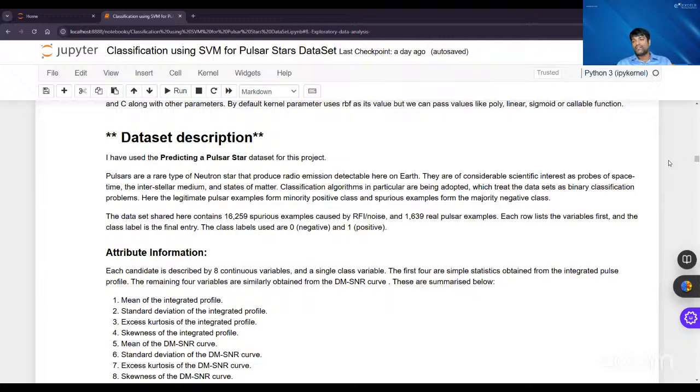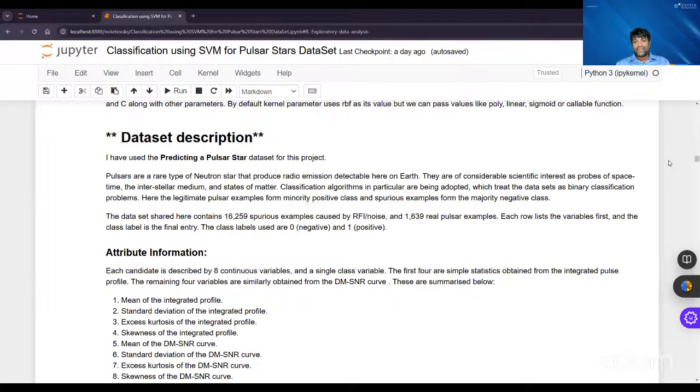Why we are using this data set is that this is one of the rarest types of star available, and it is also a kind of star which gives you radio emission. And it is actually related to Earth as well. So this is used in the scientific fields as well, right? This is basically an interstellar space-time, interstellar medium, and the states of matter. So it's basically a star. You can remember it like that.